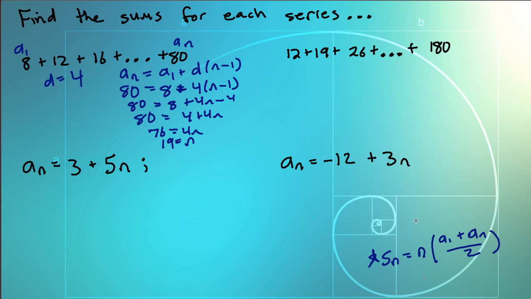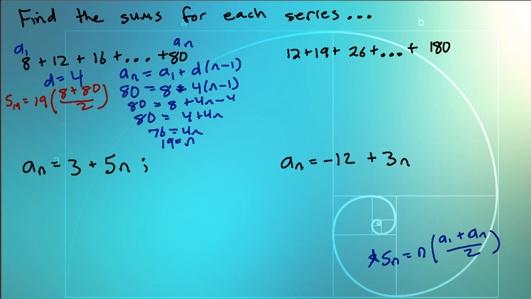So all that to say, I'm going to use this formula right here. So I'll do it in red because I'm going to have to smush it in. So Sn, and it's going to be 19 because the sum of the first 19 terms is going to be 19 times A1 is 8 plus An is 80, all divided by 2.